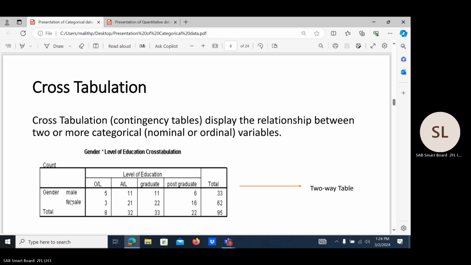Then we compare using the two categorical variables. Here, this 22, we can say 22 graduates are female. We can interpret it anyway in the two-way table.